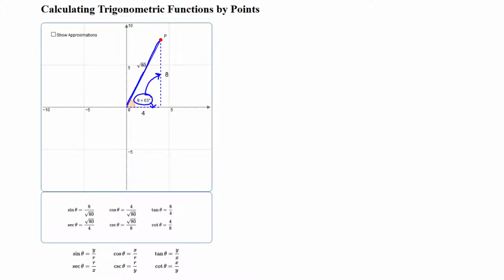So sine is defined as the opposite side, which is 8, divided by the hypotenuse, which in this case is calculated as the square root of 80. Now, this isn't a reduced answer. So like, for instance, if I have sine theta equals 8 over the square root of 80.